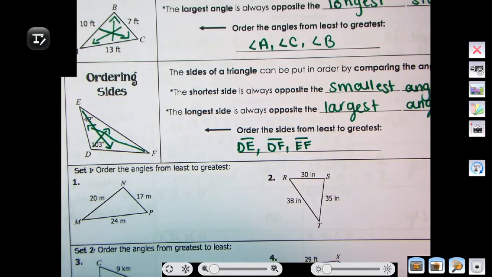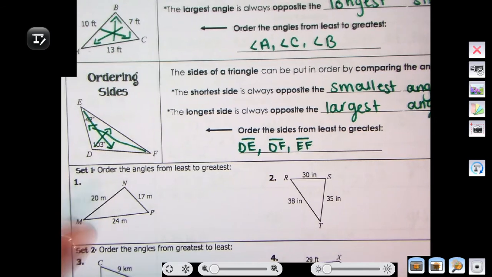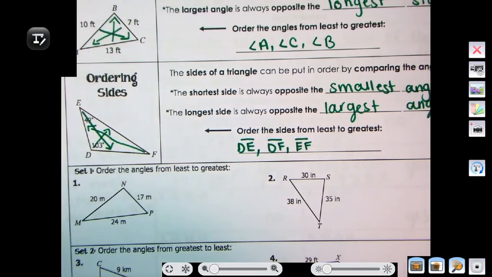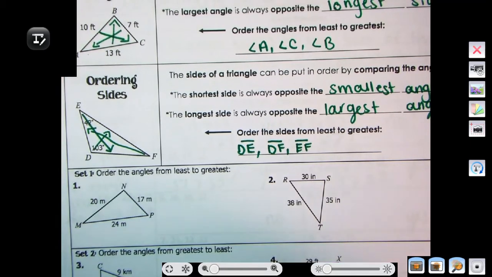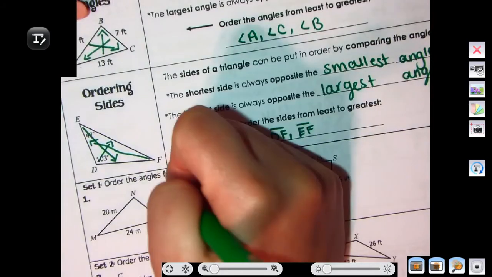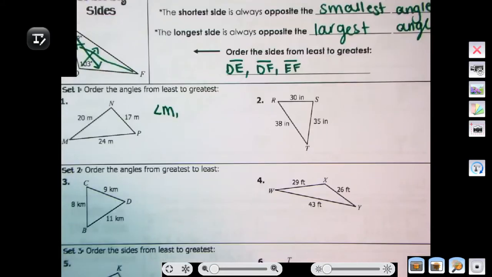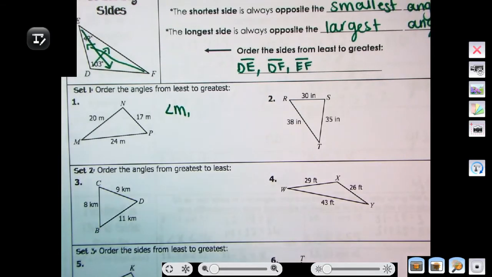Okay. So now we're just going to go through and order some angles from least to greatest, and then also greatest to least. So set 1, order the angles from least to greatest. So here we have the sides, and we're going to list the angle. So smallest side is 17 meters. So angle M would be our smallest angle.